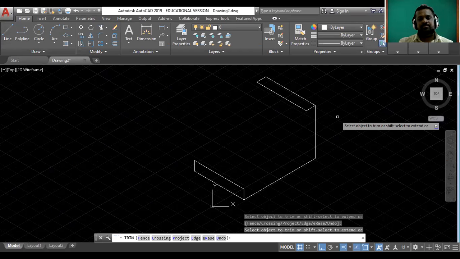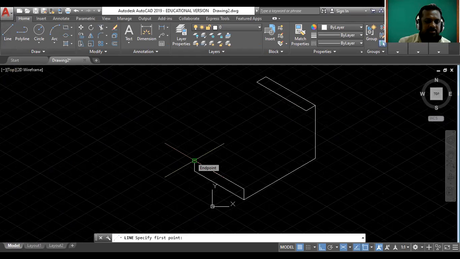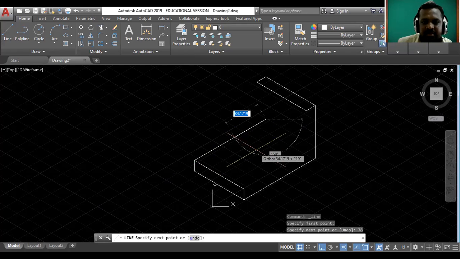Okay, see in this way. Then take the line and from this point, draw one line here. What is the length of this line? 78. Enter. Okay, and escape.